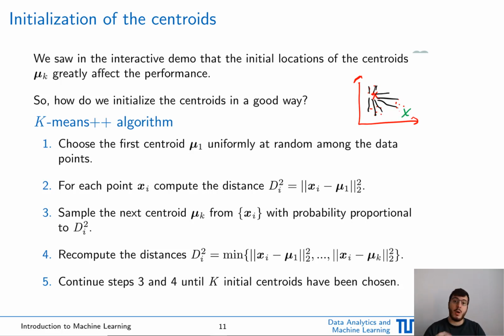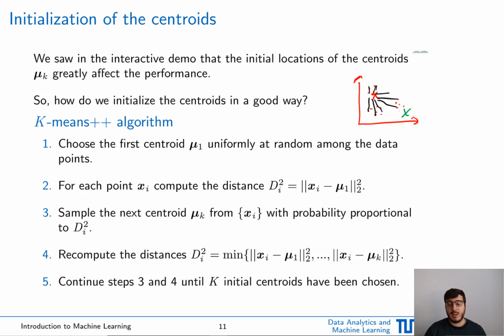You choose the smaller one of the two, and then again you use this to sample in proportion to the smaller of the distances. And you repeat this until you find all of your k centroids. What this ends up doing is that you get centroids spread out all over your data set.